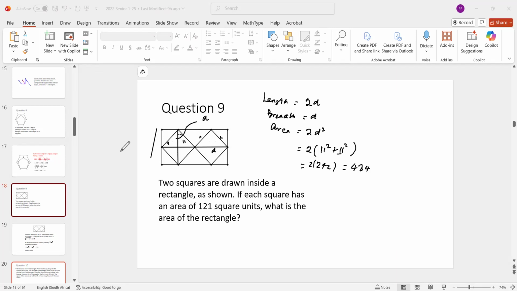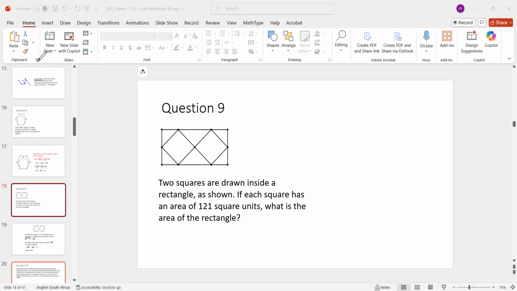So often in problem solving, it's better to give symbols to clumsy figures, and then you do all the calculations, and then you come back and replace that symbol with the clumsy figure, and you'll see a lot of things work out very nicely. It saves you a lot of terrible calculations, because you're not allowed to use the calculator in all these problems. So remember, the answer was 484.